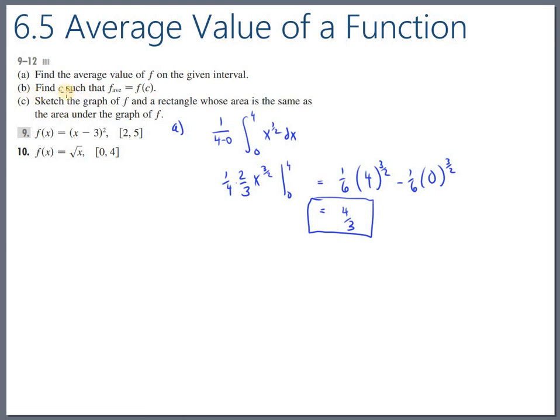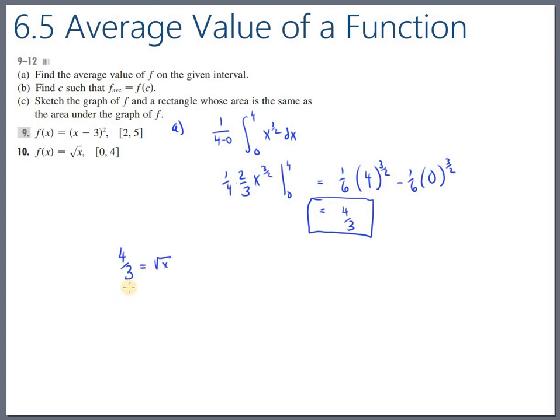Part B now says find a c such that the function average, which is 4/3, is equal to the function at c. So they want the average to be equal to the function itself for some value of c. So we just need to figure out where the function is equal to its average. So we are good algebra kids at this point.